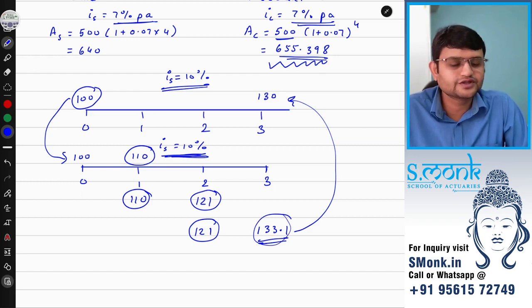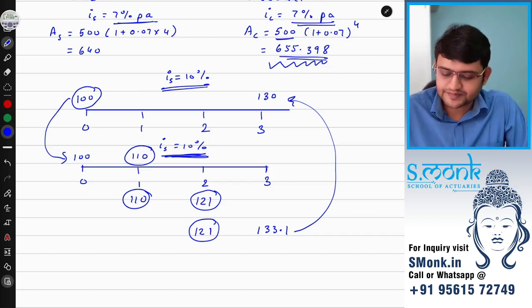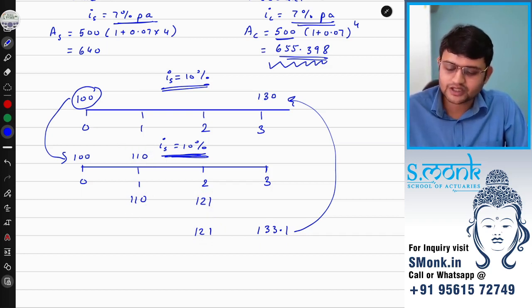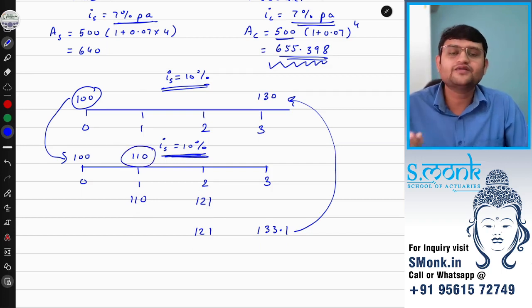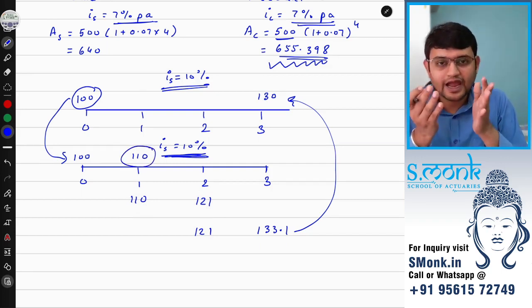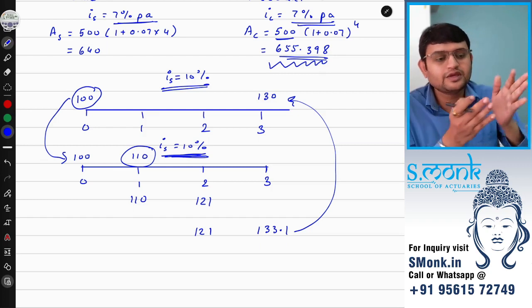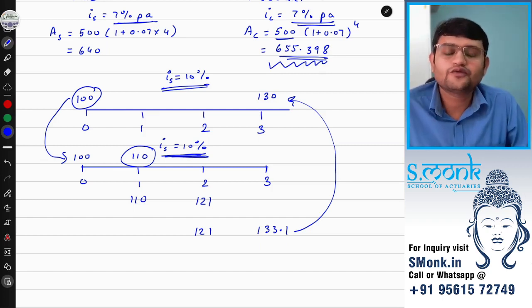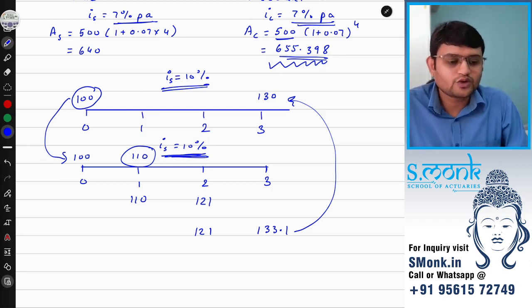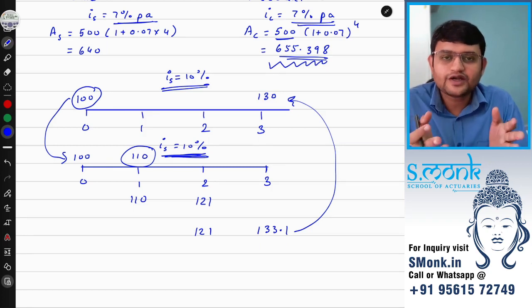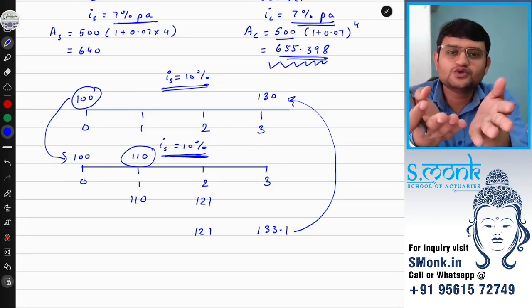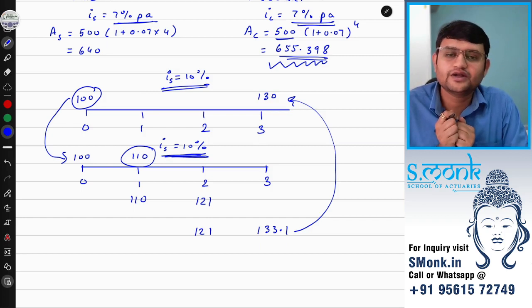Correct? You would prefer this because it's clearly earning more profit. Now, if I am a businessman running a factory with this 100 rupees, you can imagine that after 1 year I may not have that 110 rupees at that time. It may be that I bought a lot of raw material and everything with it. I don't have that 110 rupees just to give you so that you give me back 110 rupees.